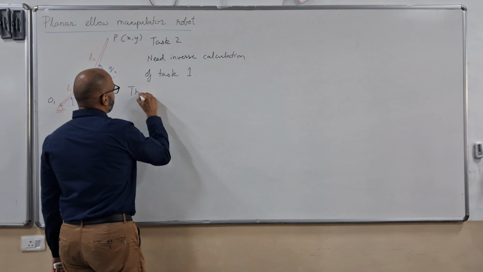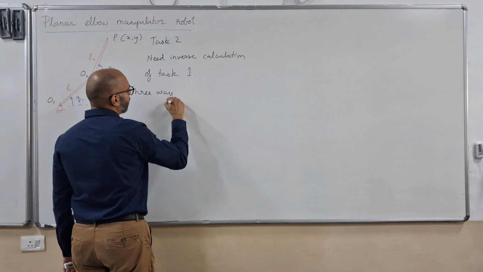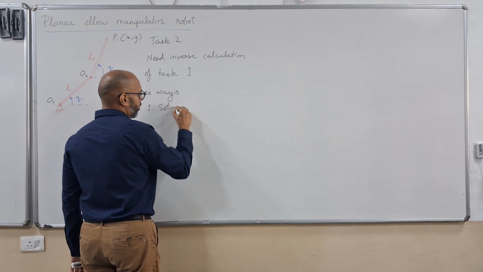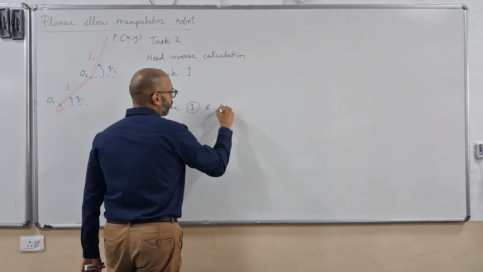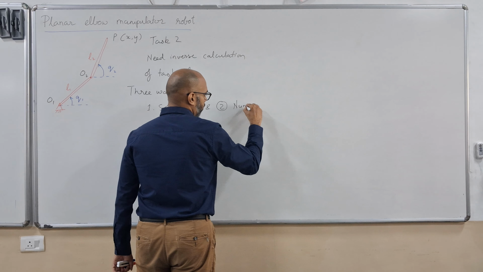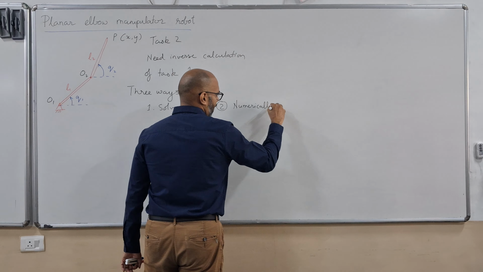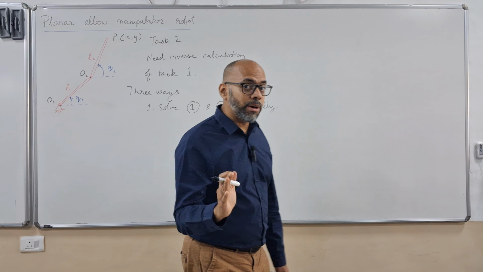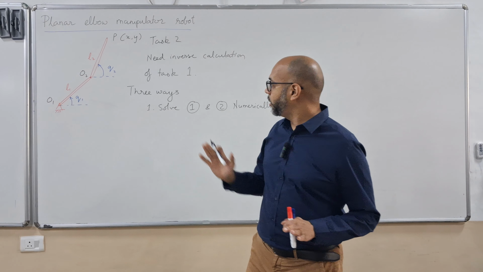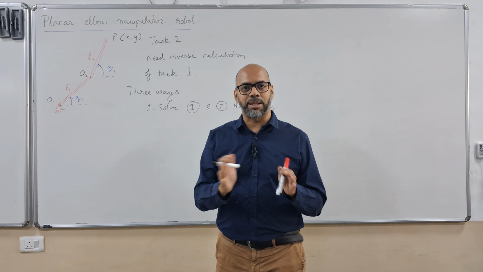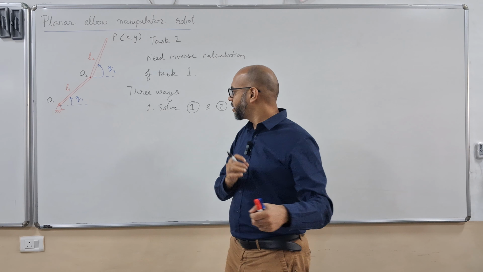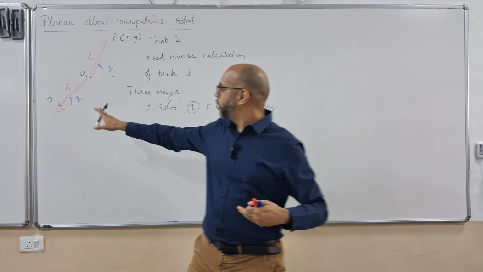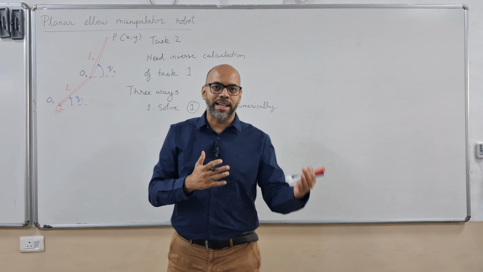Let me say there are 3 ways to do this. The first one is to solve 1 and 2 numerically, and that is not very convenient in many situations. Remember, for a typical robot task you need to be able to do this at every time step. While the robot is moving, at every instant you need to calculate what q1 and q2 should be, or what the motor should be doing in the next time instant.